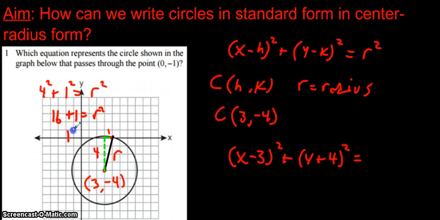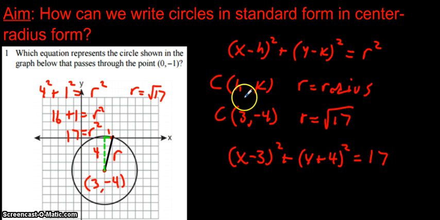So 17 is equal to r squared. That's all we need for the equation of the circle, because this is r squared. But that does mean that the radius is equal to radical 17. Okay, so that's the equation of the circle.